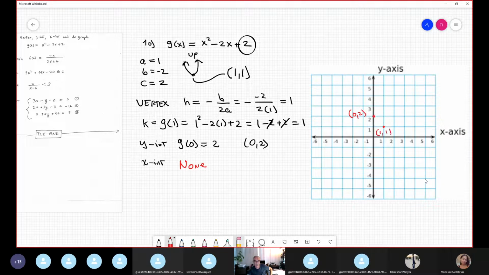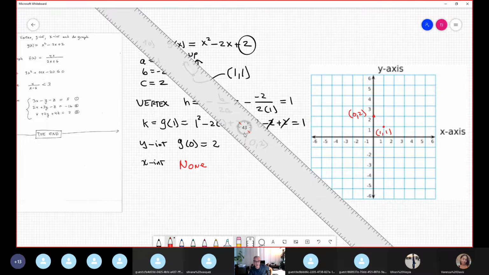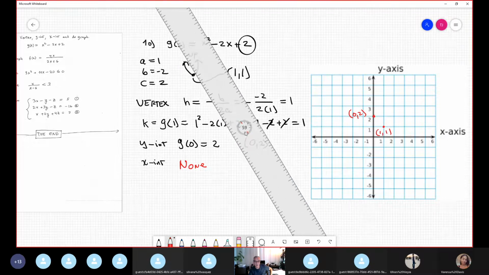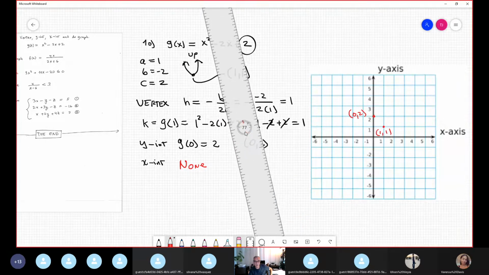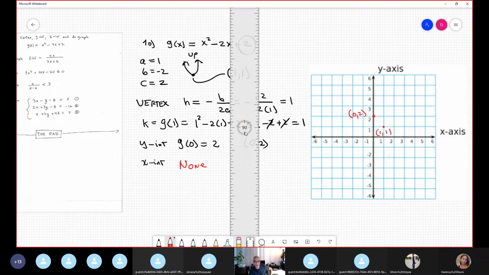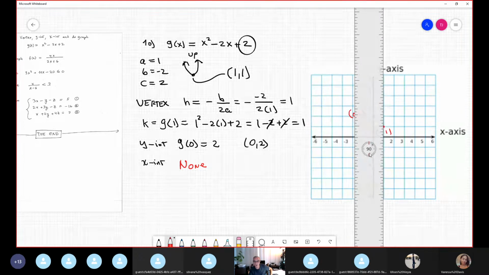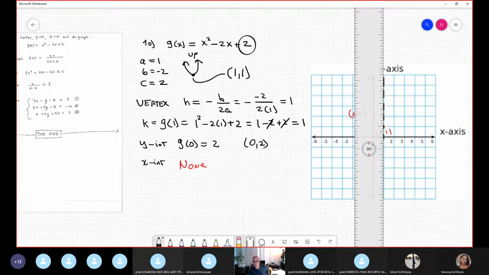The point 1, 1. And I know very, very well that the axis of symmetry is a vertical line passing through the vertex here. Therefore, the axis of symmetry looks like that.